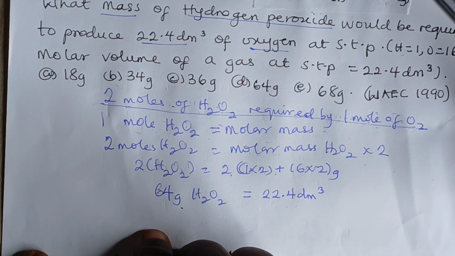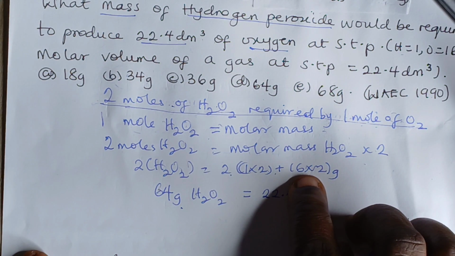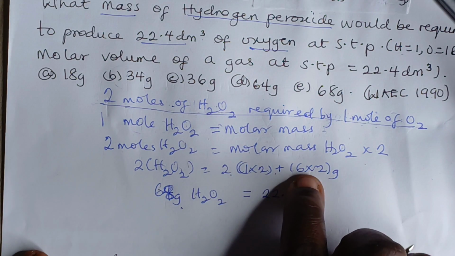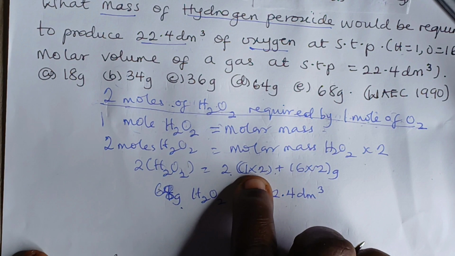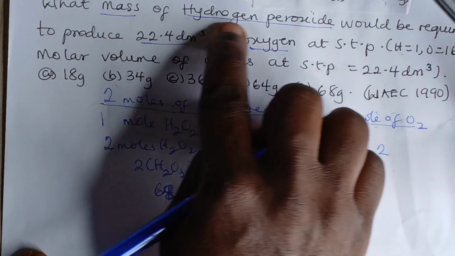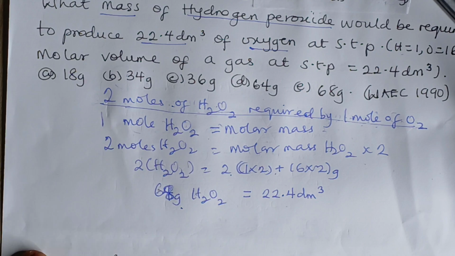So this is 68, because 16 times 2, 32, plus 2, 34, multiplied by 2, 68. So in this case now, what mass of hydrogen peroxide will be required to produce 22.4 dm cube of oxygen? I think we've answered the question.